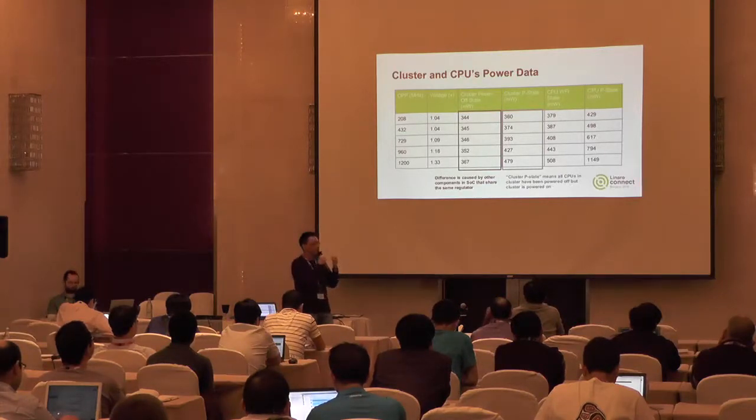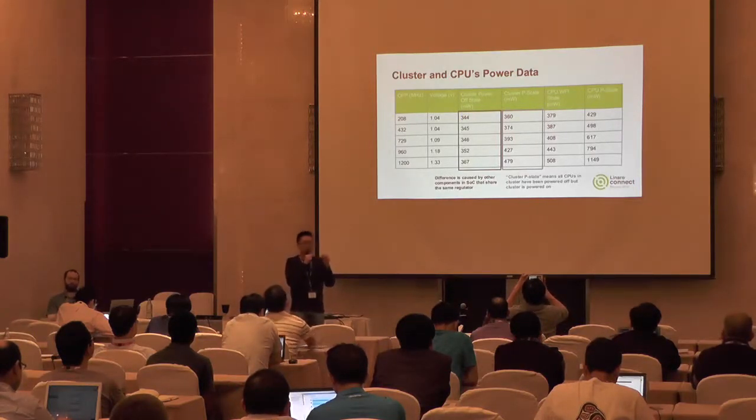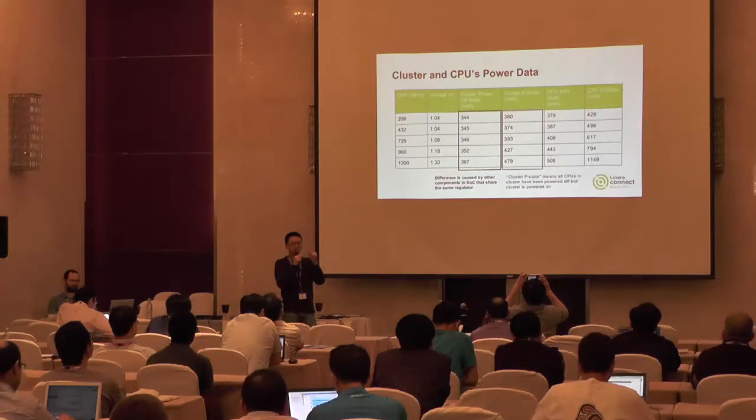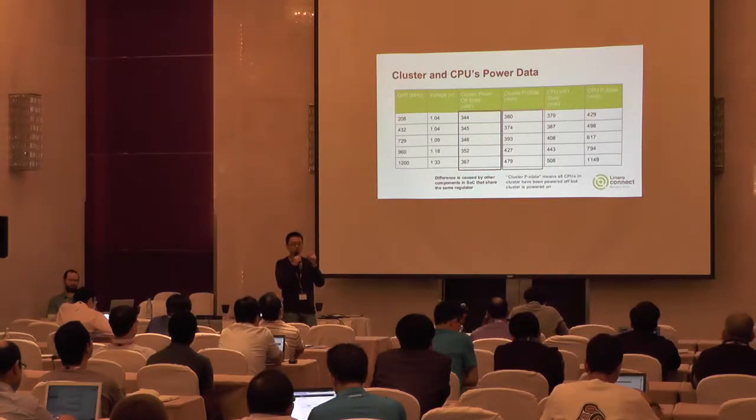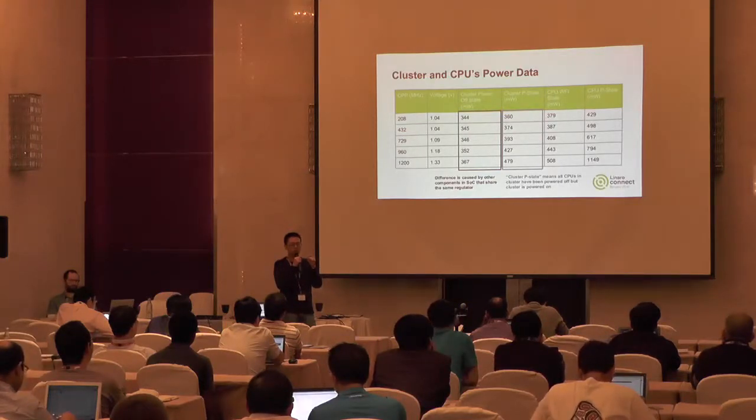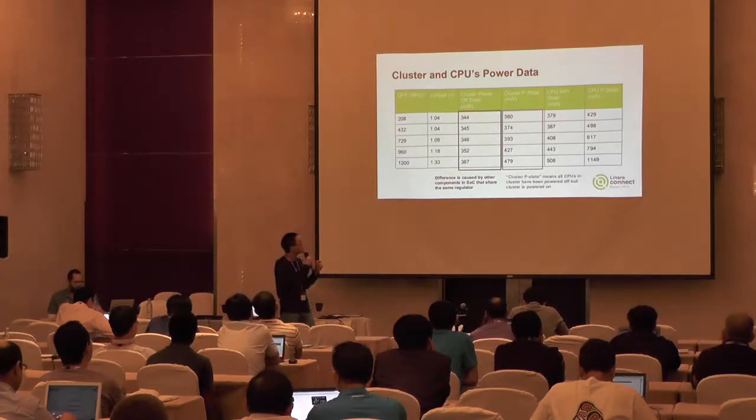CPU WFI state means that in one cluster, the cluster is enabled, and one CPU also runs into the WFI state. So in this state, the dynamic power has been removed, but there is still static leakage, which you can get is too low for this CPU.